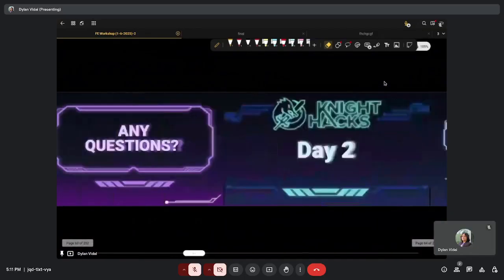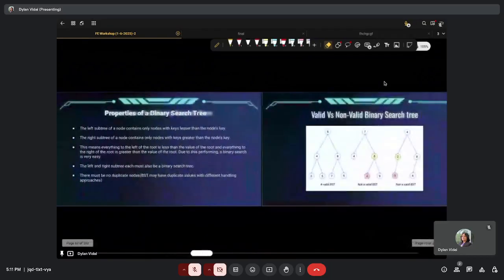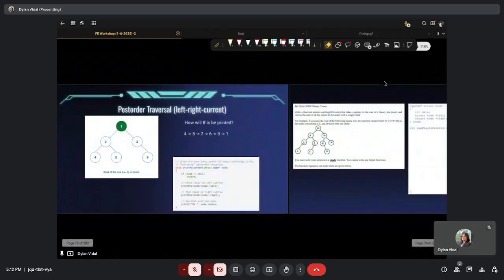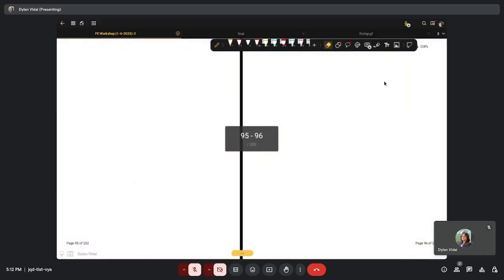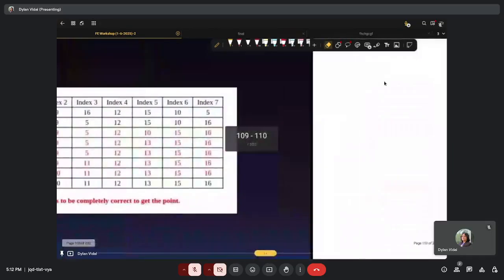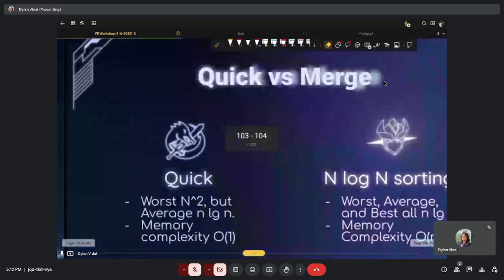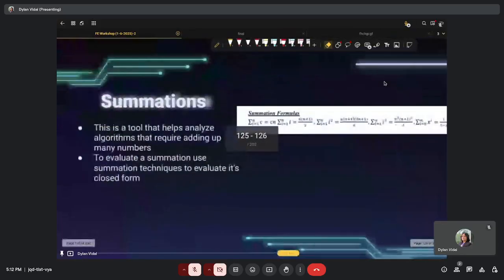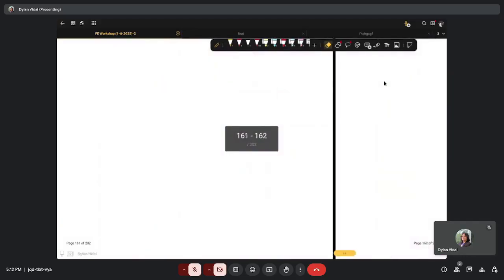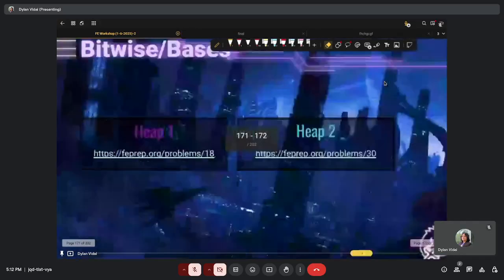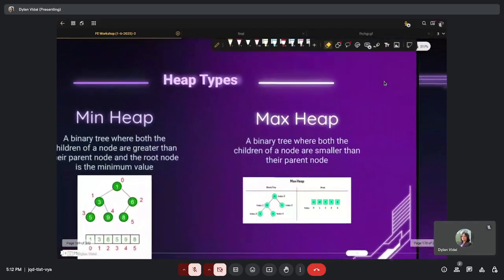Use the slider at the bottom. There it is. We get a lot of slides. Oh, this is sorting. Pass. Keep going. There it is. Okay, we made it back.